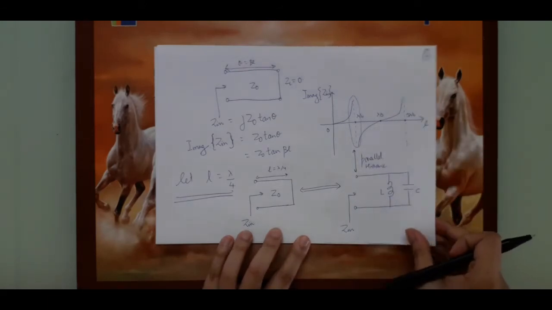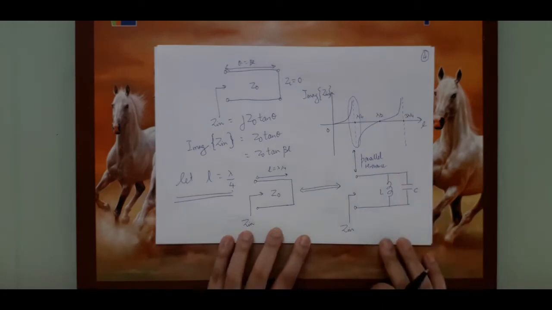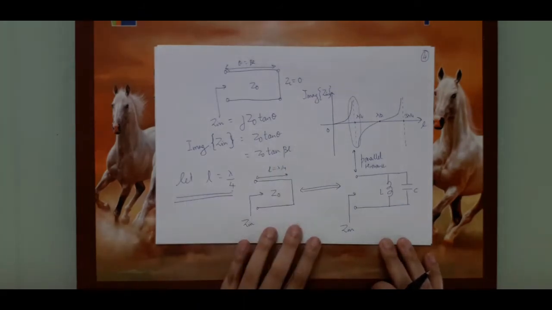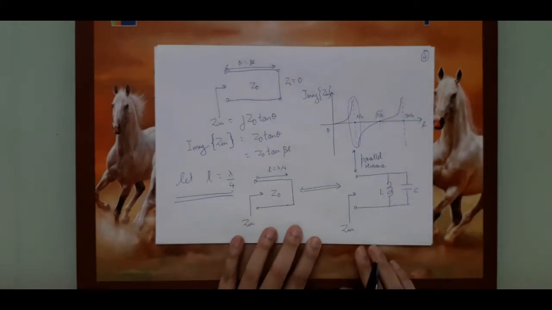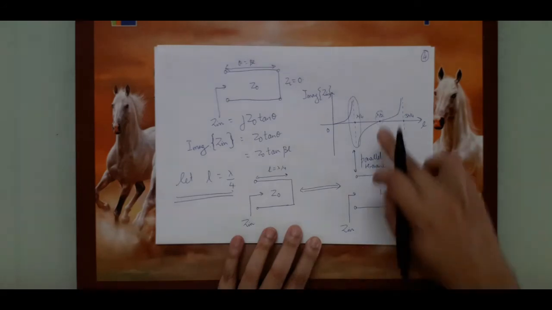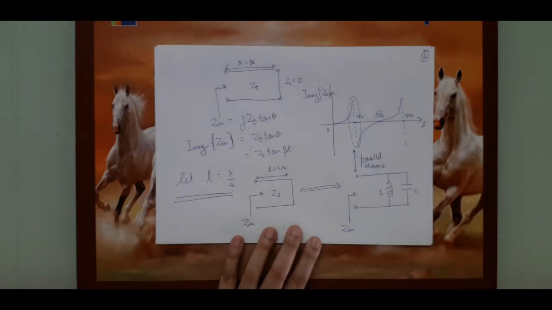So now, if we have discussed parallel resonance, there must be something called series resonance also. Now, series resonance of an L and C happens when the two reactances cancel each other. Now, you can say at this point, the impedances are cancelling each other.